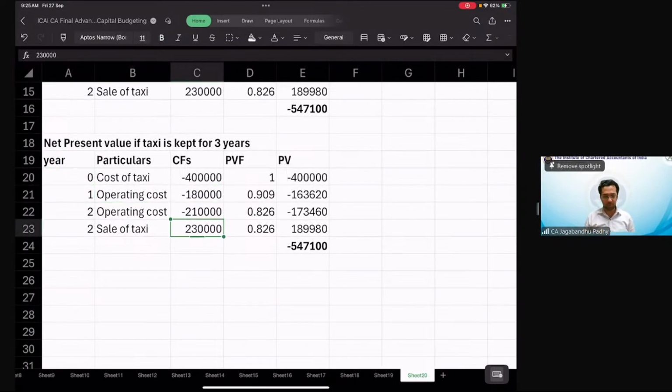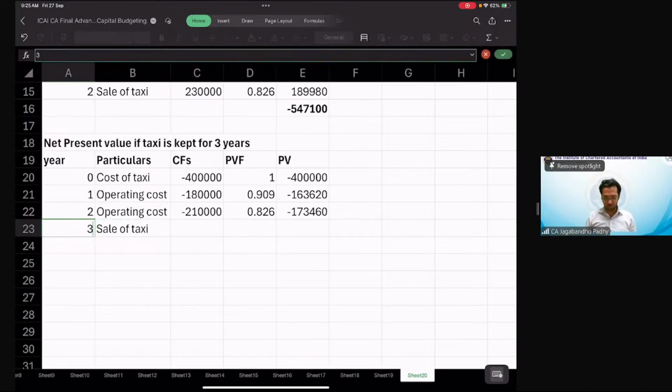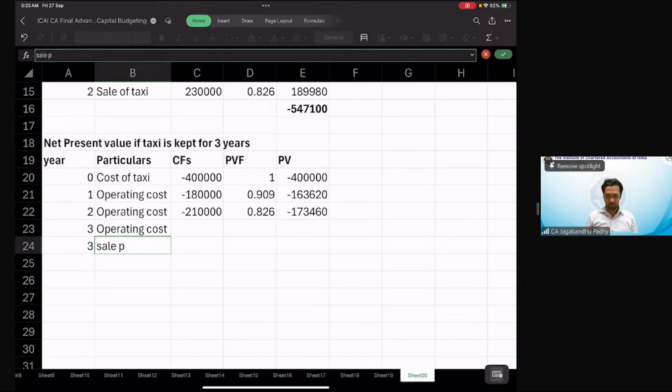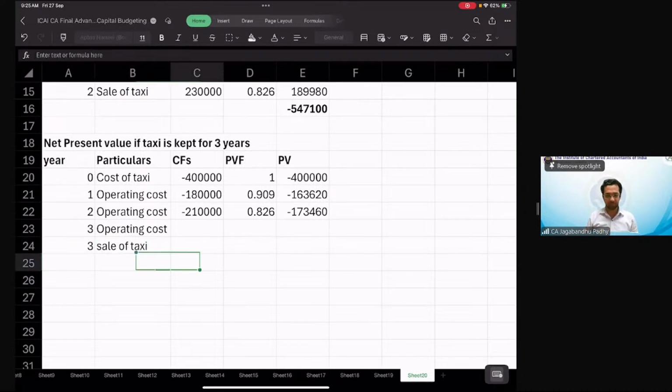Okay, sure. Do it, guys, quick. If taxi is kept for 3 years, you need to pay the operating expenses for 3 years. And then in the third year, you'll have a sale of taxi. So give me the 3 years NPV, net present value, if the taxi is kept for 3 years.